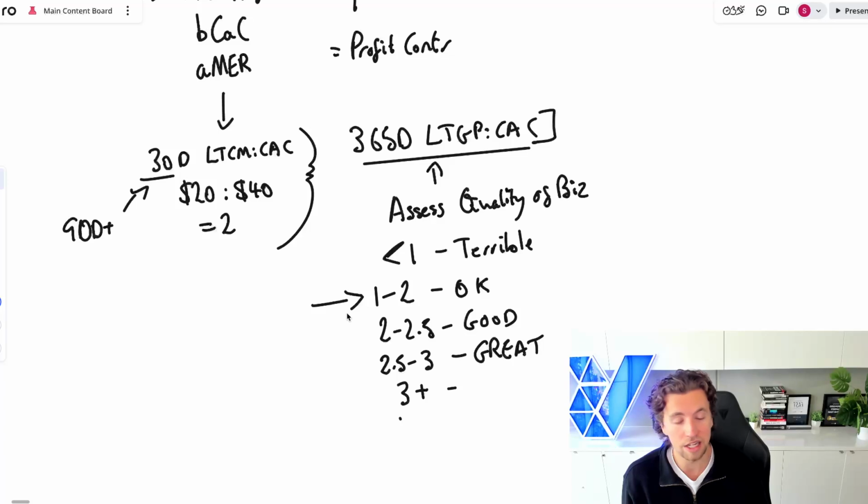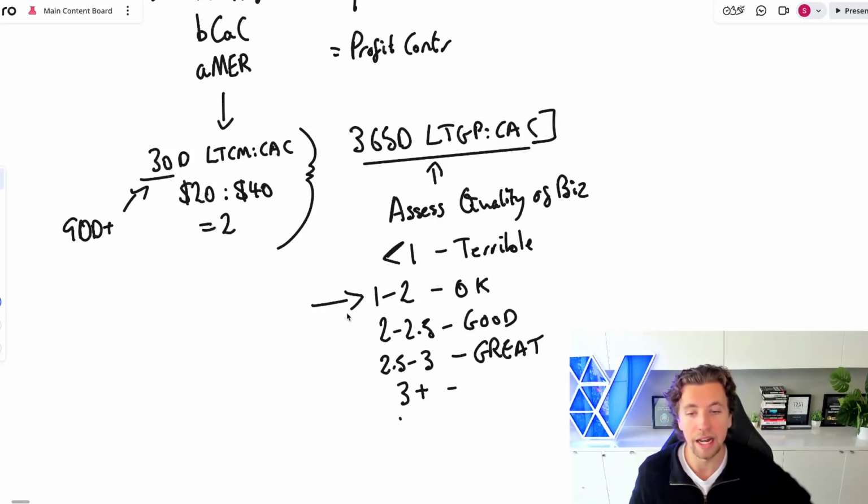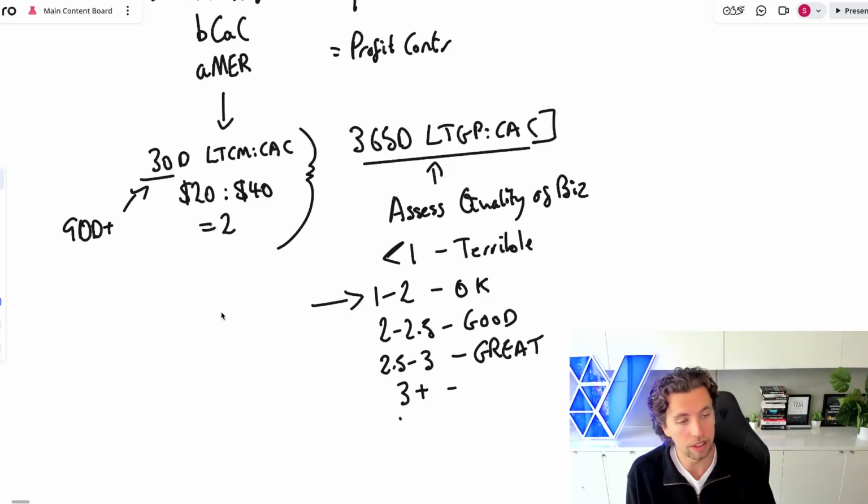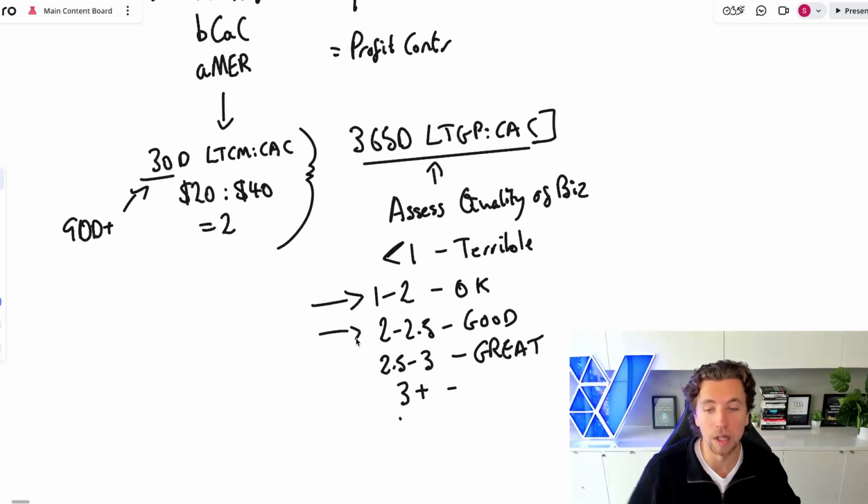Because the reality is that they can't be in a very good financial position operating on a 365-day 1 to 2 LTGP to CAC. And so there's a lot of financial pressure here. Generally, we're looking to work with businesses that are at a 2+ to where we can drive a lot of quick value, get this higher, and then really scale.